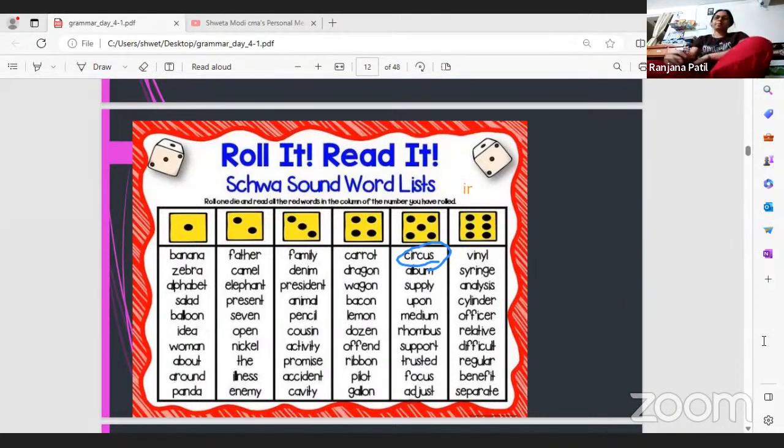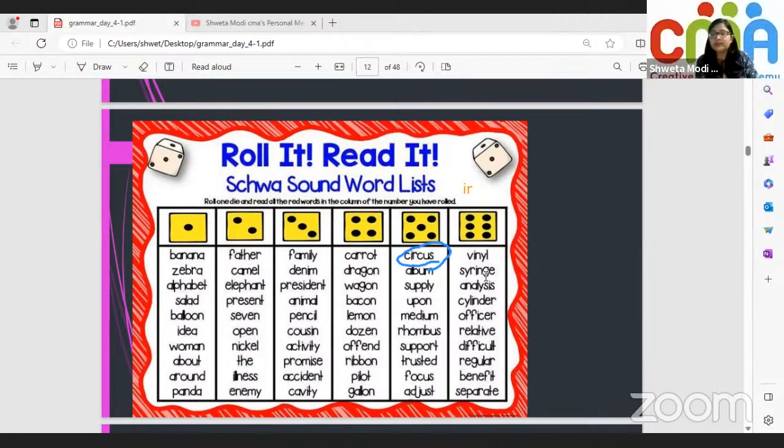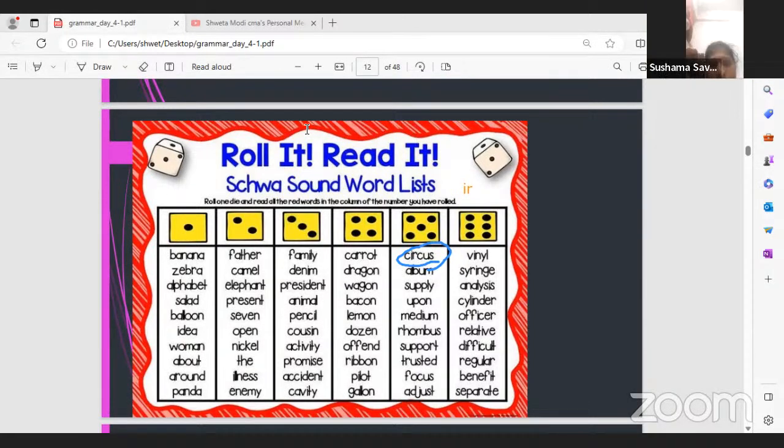Sushma, unmute yourself. It's album. Okay, all of you check the right pronunciation of the second word. Album. Album है ना? You, it's lazy.